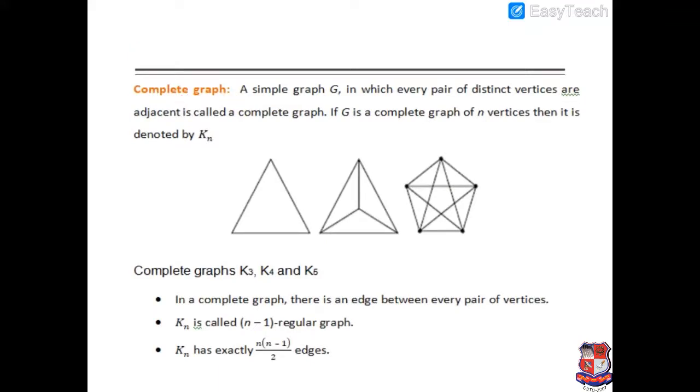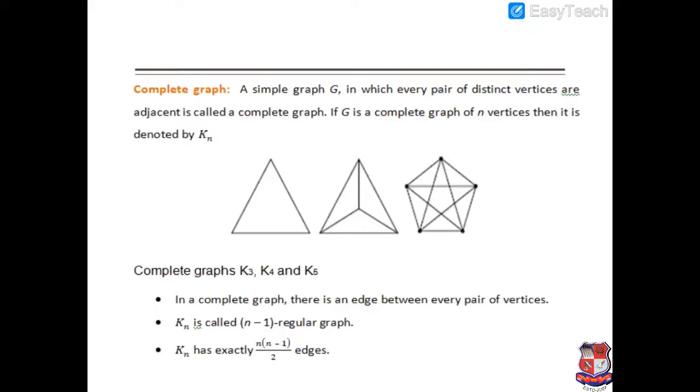Definition of complete graph: a simple graph G in which every pair of distinct vertices are adjacent is called a complete graph. If G is a complete graph of n vertices, then it is denoted by Kn. So this means that each and every vertex is connected with other vertices.